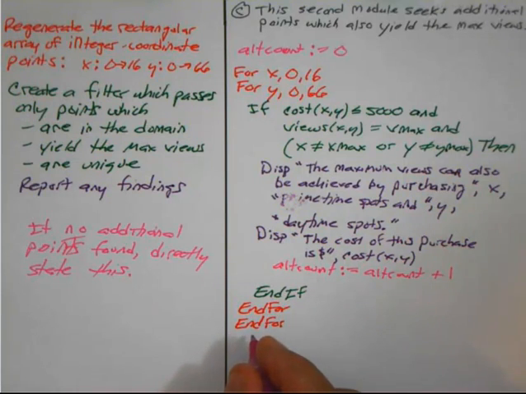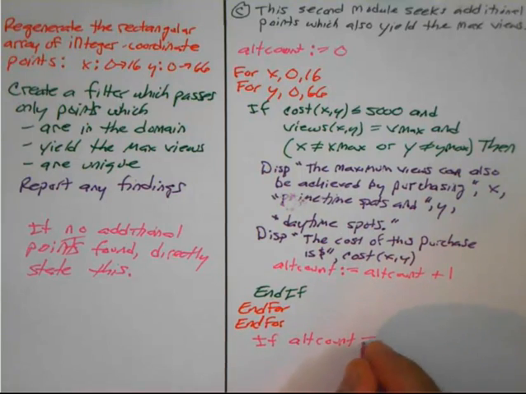Okay, so then we can have a display of a statement only under that condition. So we can use, it's actually a very simple if statement for this, because it's just one command we want to execute under this condition. So it would go like this: if alt count equals 0. Now this is not even an if-then structure, this is simply an if.